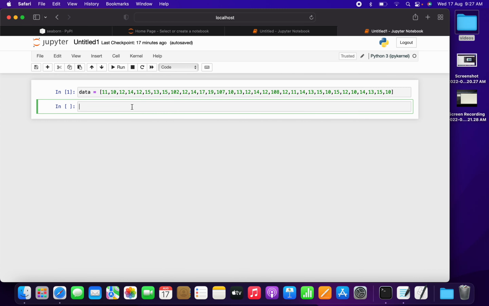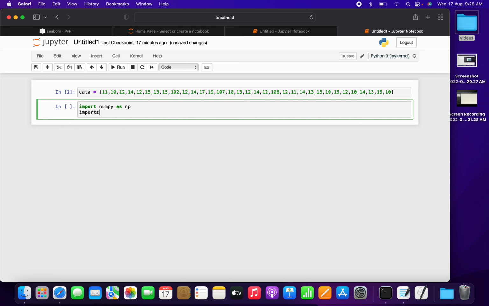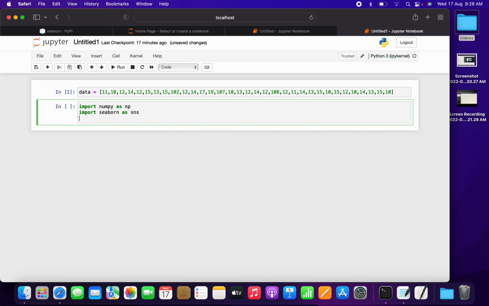Here I have created a data set. Now we can do some imports. We can import numpy, import Seaborn, and maybe import matplotlib pyplot as plt.